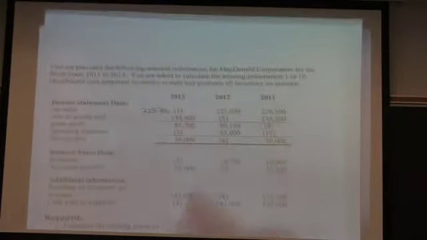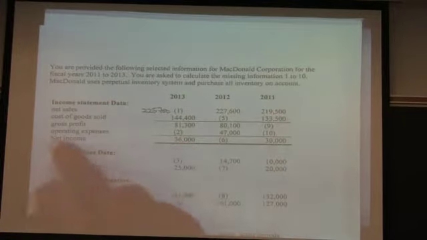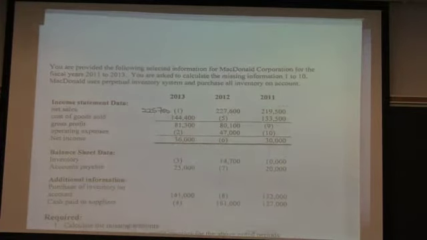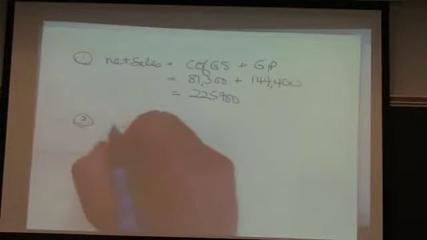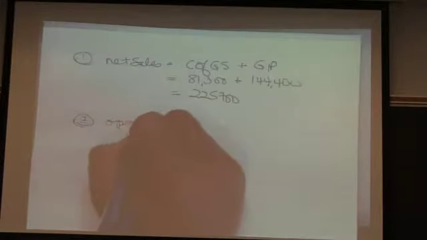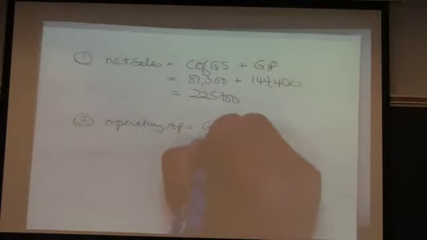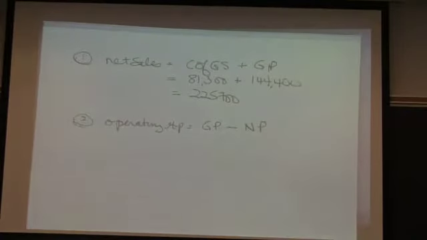Now, what's next? We know the relationship between gross profit and net profit or net income is we take gross profit less operating expense to get us net income. So we could probably solve number 2. Number 2 is operating expenses equals gross profit minus net profit or net earnings.